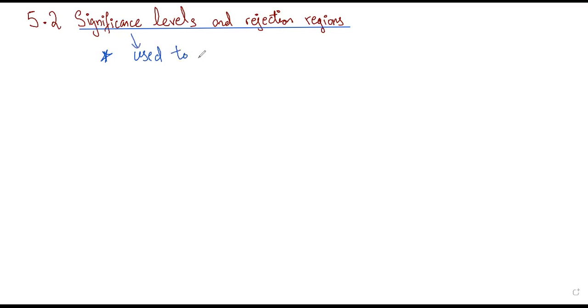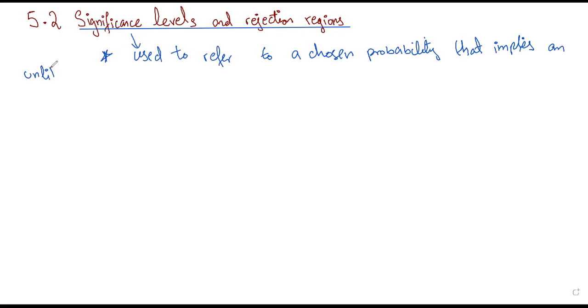This term is used to refer to a chosen probability that implies an unlikely event.